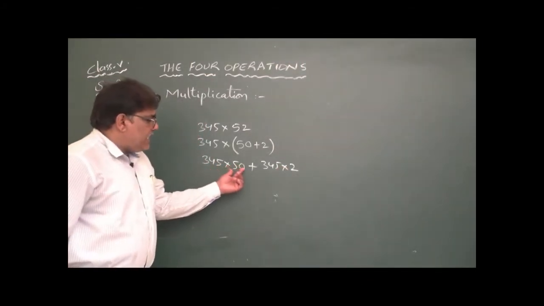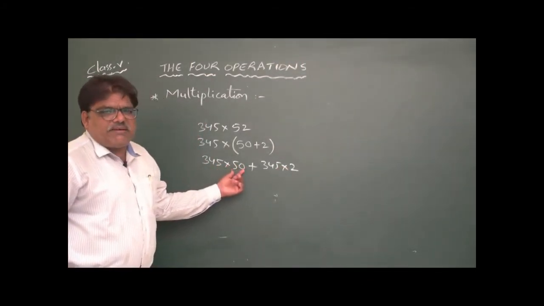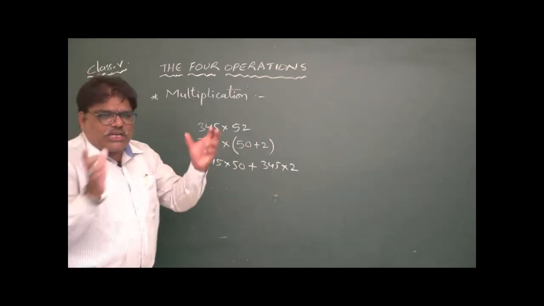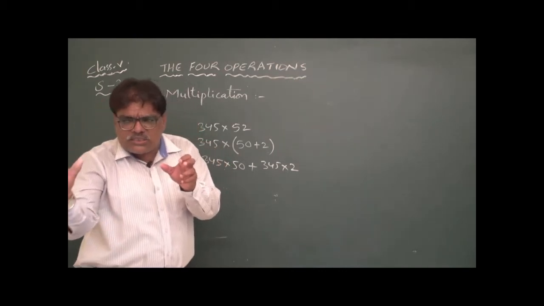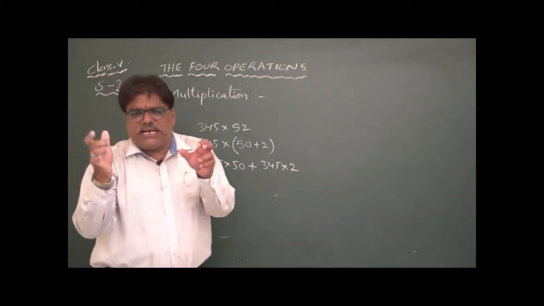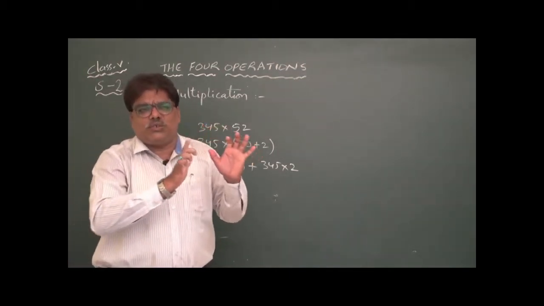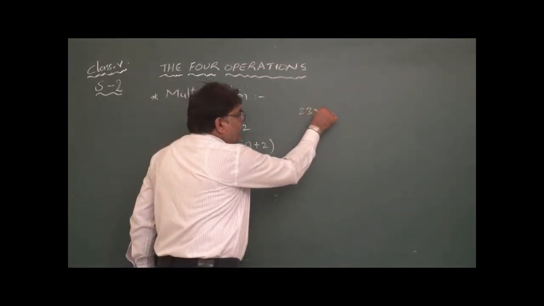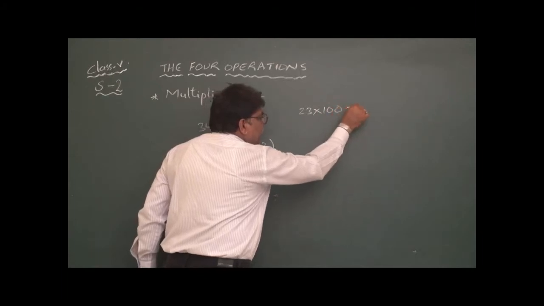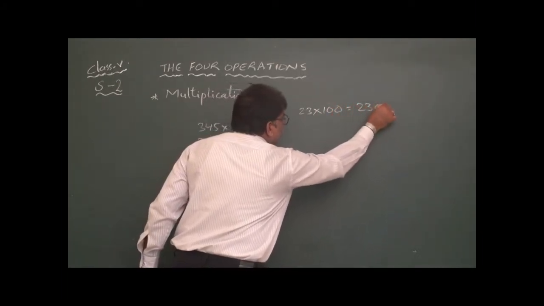Then again, in multiplication, if whole numbers are there, whole number means zeros are there. How many zeros are there? In the two multiplicands, that many zeros we should keep first. For example, 23 into 100, the answer directly is 2300.